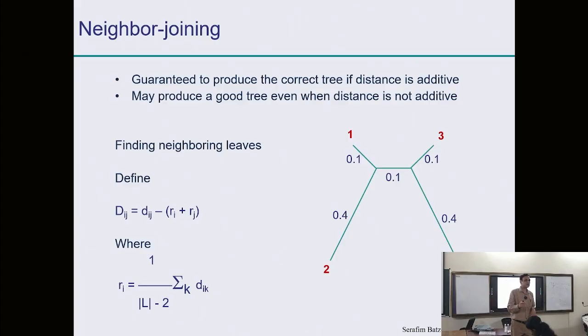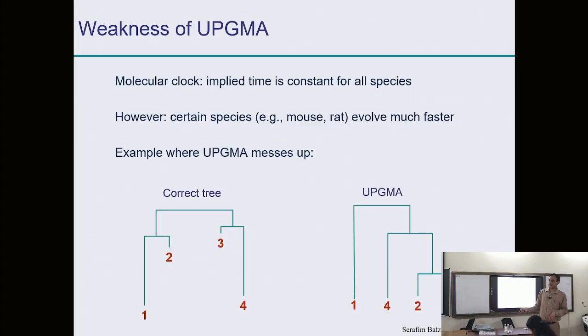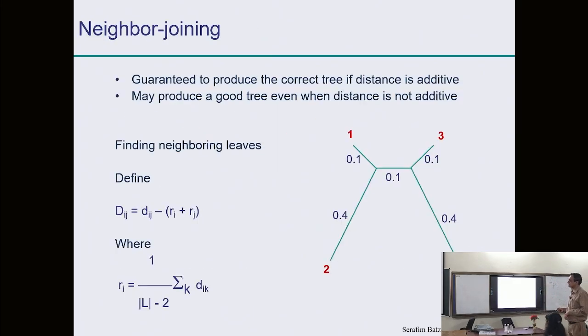Even then this method will produce the right tree, this tree, given the sequences 1, 2, 3, 4. There is a proof in Darwin et al.'s book. If you are interested, it's mathematical, so it is in the appendix. You can go and see the proof if you want further information regarding this.